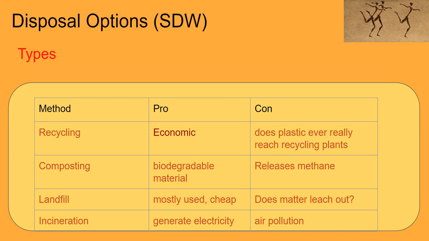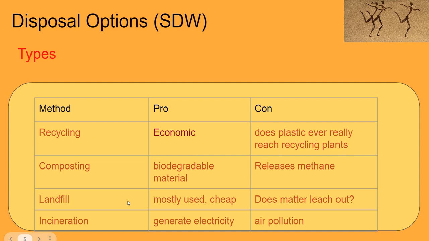Composting would be a good method for recycling the garden and kitchen waste that I had mentioned before. It's biodegradable, so that's easy. As we discovered in our previous units on the atmosphere and feedback cycles, composting, of course, releases a lot of methane, and that's carbon emissions back into the sky.